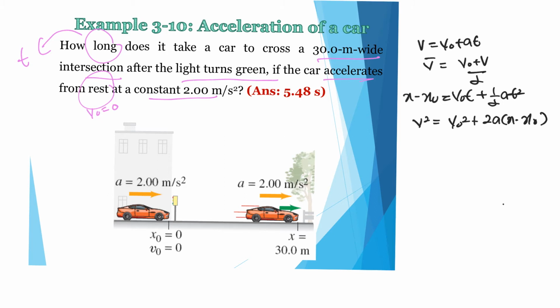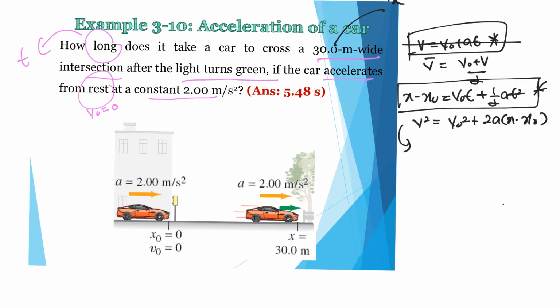But the question asks to find how long. Definitely from these 4, the only equations that have time in their formula are this one and this one. So which one between these 2 can you actually use? You already have your displacement, as your final position is 30 and your initial is 0, and you don't have your final velocity there, so definitely this one is out. So you are going to use this one.